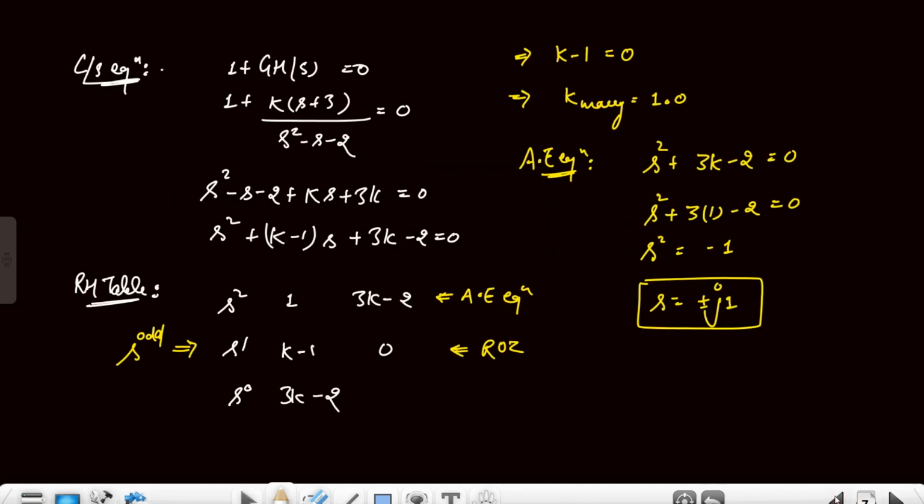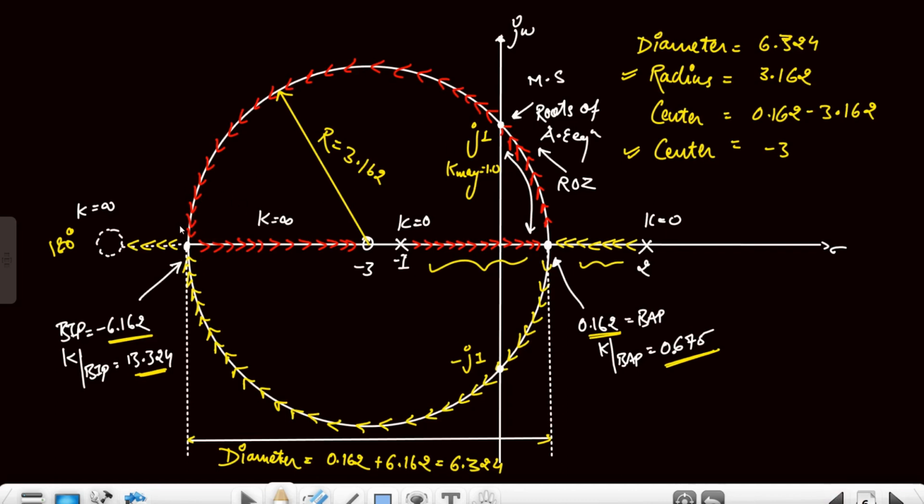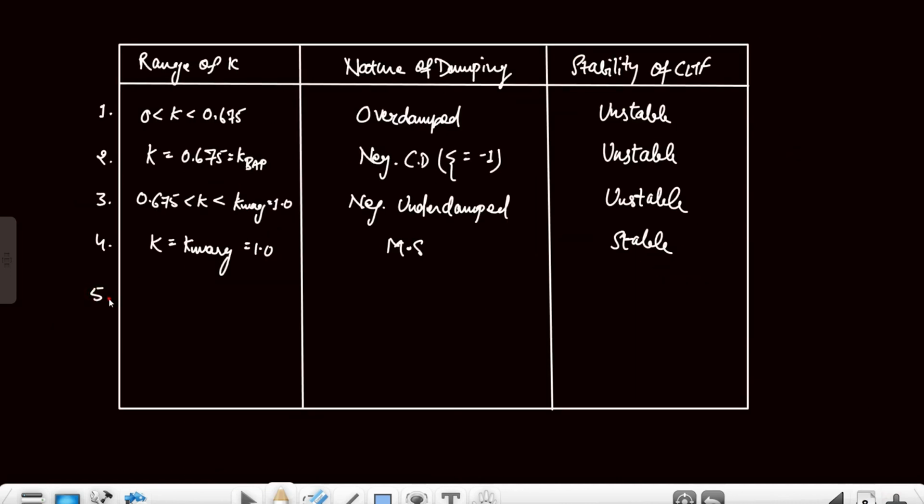Now the stability ranges start. From k marginal to the k at the break-in point, that is k greater than 1 but less than 13.324, these are underdamped complex conjugate poles on the left hand side of the S plane, which represents a stable system.